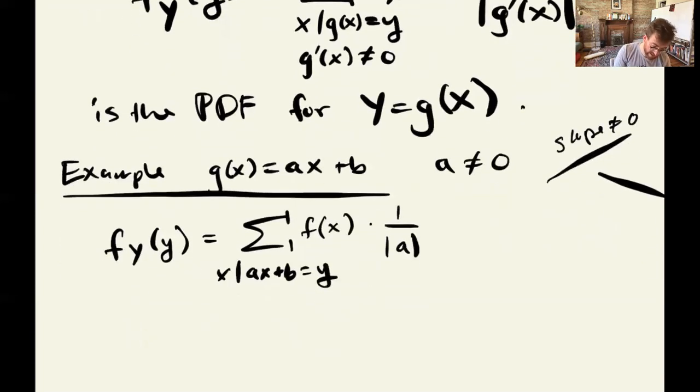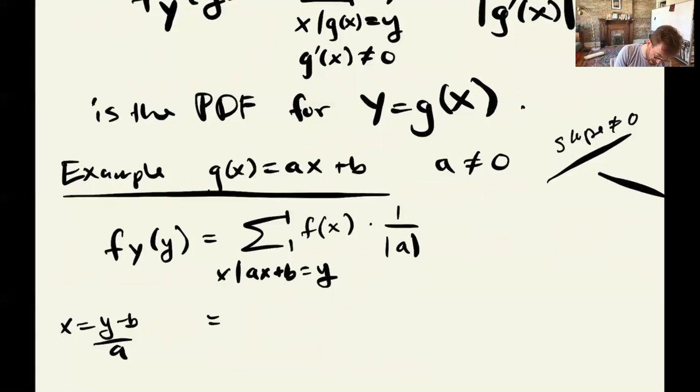But what are the x such that this equation is true? Well, this is the same thing as saying that x is equal to y minus b divided by a. And in fact, there's a unique value that associates to each x this y. The function is what's called one-to-one.